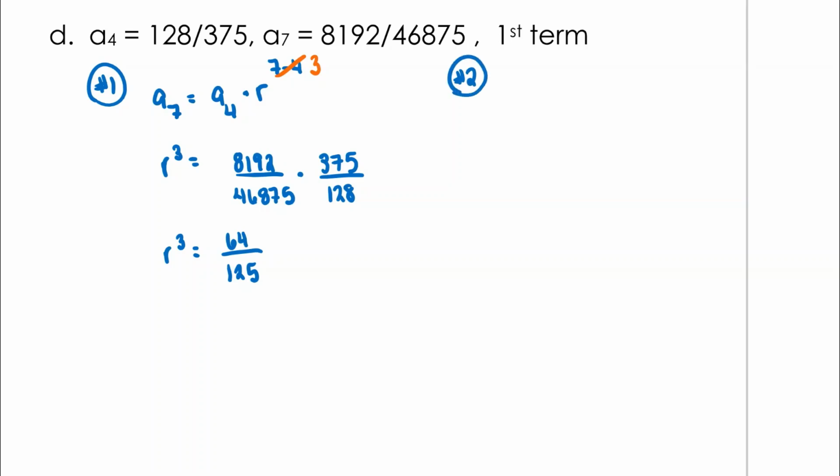Now if I wanted the first term, I'm going to use a sub 4 is equal to a sub 1 times r to the 4 minus 1 power, which is r cubed. So again, I don't even need to find the r value. r cubed is perfect.